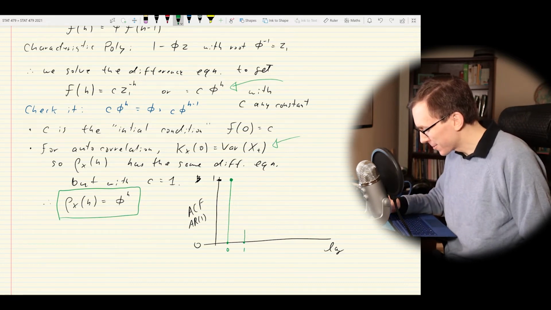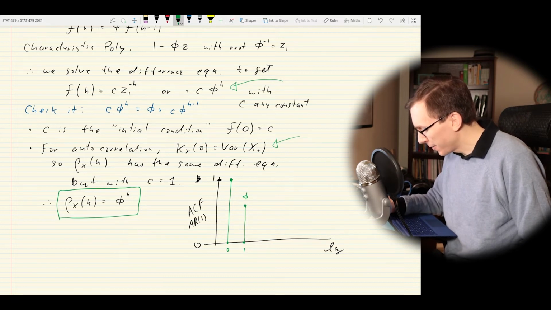That's not quite that interesting, but at lag 1, we're going to get a value of phi here.